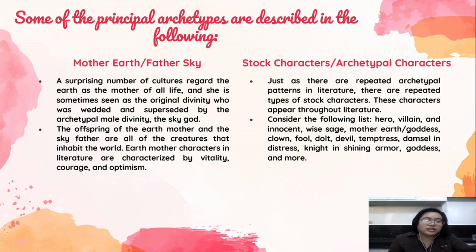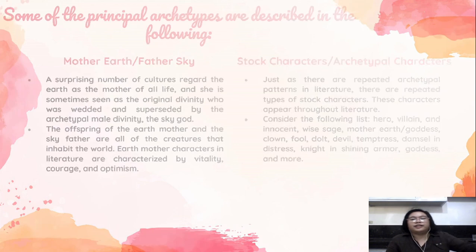These characters can be easily recognized, as they represent their most general form. For example, a hero, a villain, an innocent man or woman, a wise sage, Mother Earth or goddess, a clown, a fool, a devil, a temptress, a damsel in distress, a knight in shining armor, and the like.